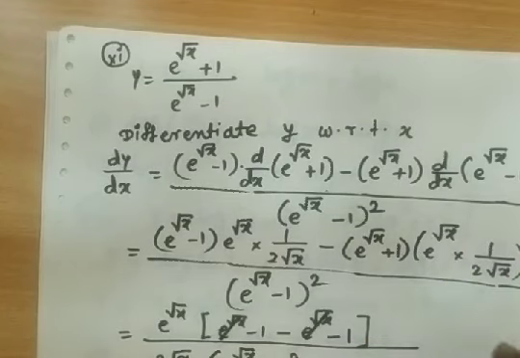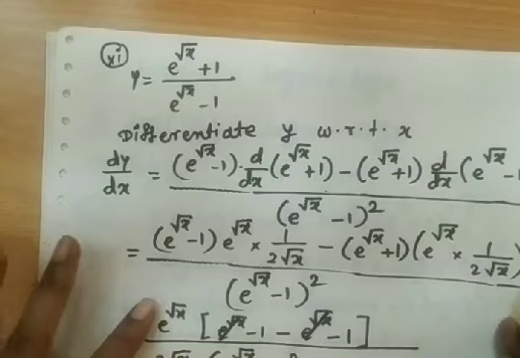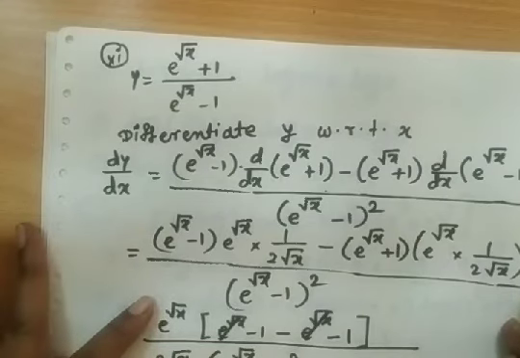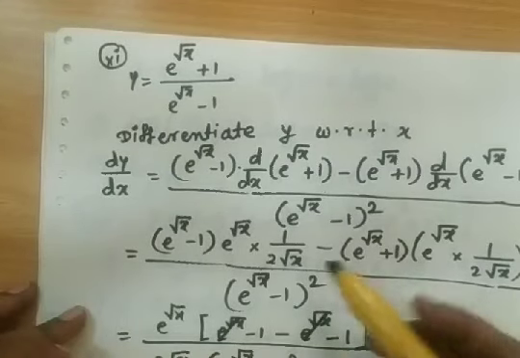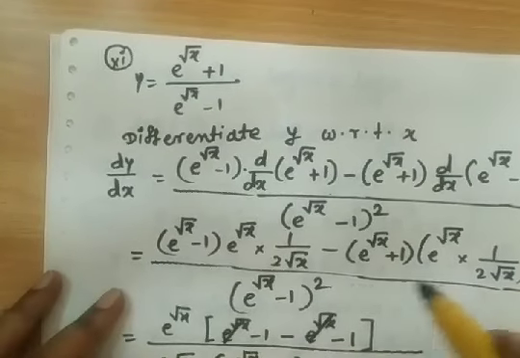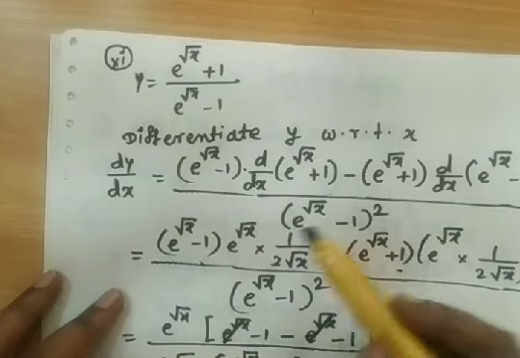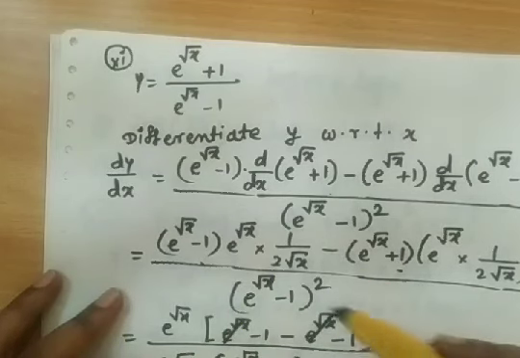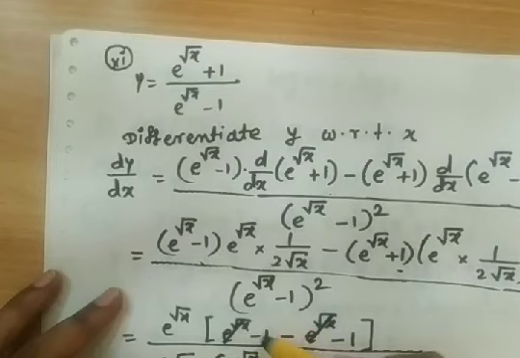Take common from all these terms e raised to root of x, and in the denominator this 2 root of x keep in the denominator. In the numerator, this bracket and this bracket, the middle sign is minus. These two brackets on simplifying we get e raised to root of x minus 1. This minus sign goes to the e raised to root of x.